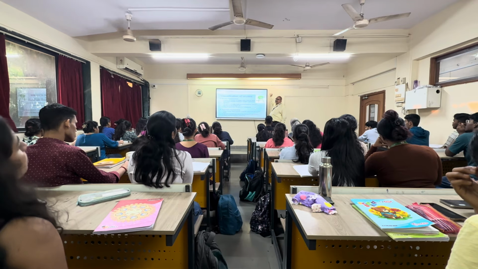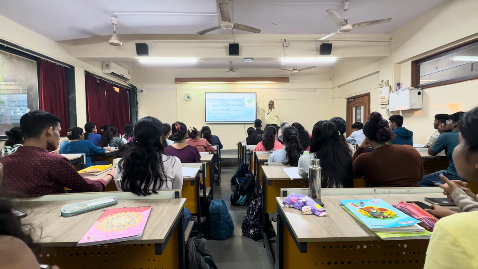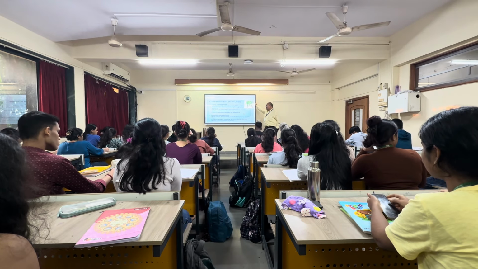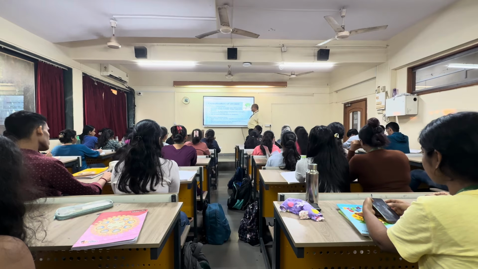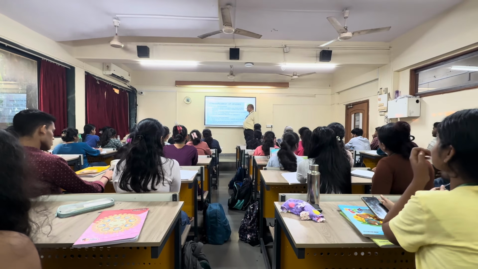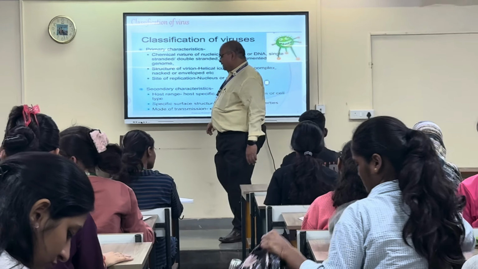T odd phages are T1, T3, T5 and T7. Now, in addition, the other points related to the classification of viruses, that is primary characteristics and secondary characteristics, I will try to cover in the next lecture. I will stop here.